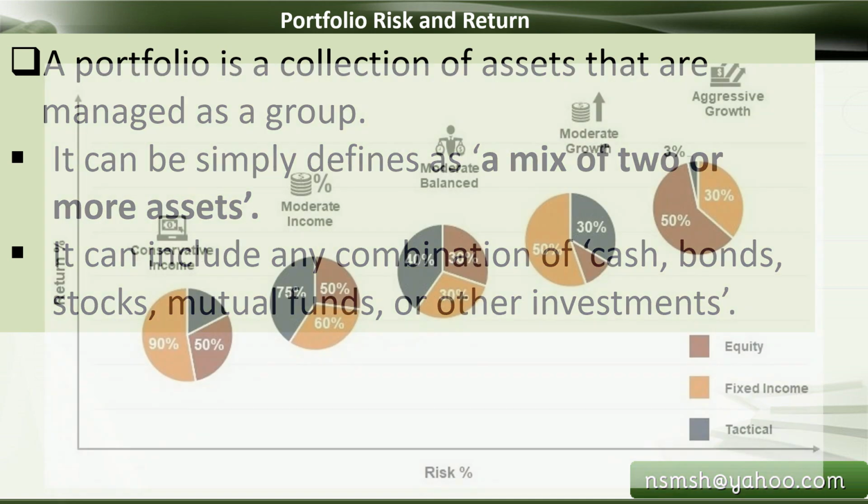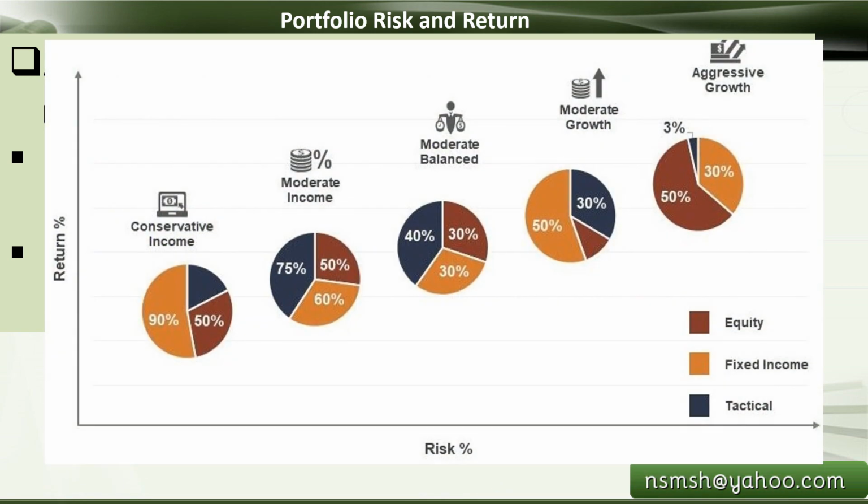But let's see an overall picture of how portfolio risk and returns are managed in the market. Usually they have equity instruments, fixed income, and tactical and other things also. What they do is mix these kinds of financial instruments within a portfolio, a group of financial instruments.